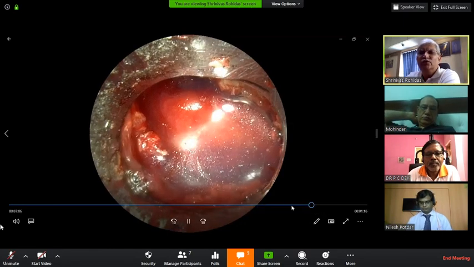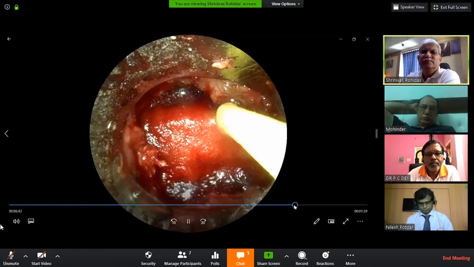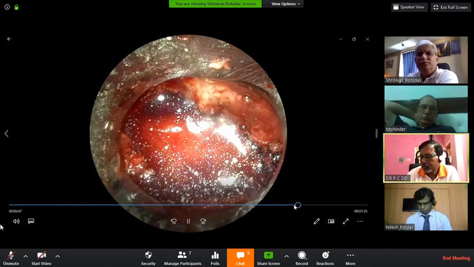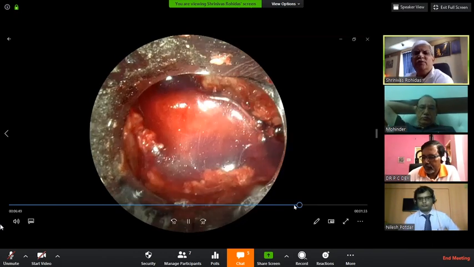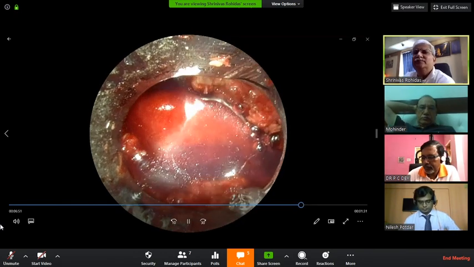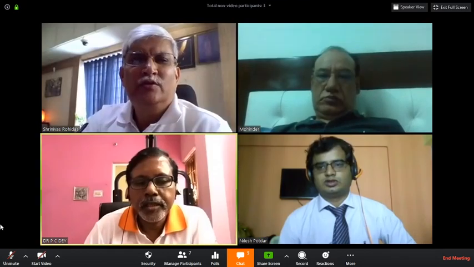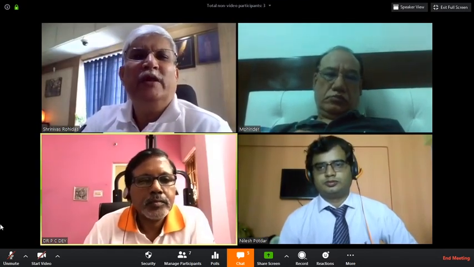And then over this we have put this fibrin glue. This is complete sealing of the dural tear. Okay? Nice. Good. Back to Nilesh now.